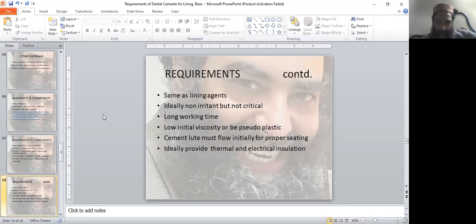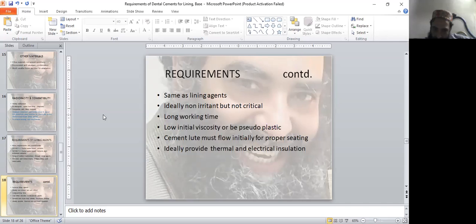Ideally, they should be non-irritant, but it's not critical because we are using zinc phosphate cement also, which is considered as irritant. We are using zinc oxide eugenol. It is also an irritant, but they say that it is less irritant. Long working time, sorry, long. It's always our requirement that we have a long working time and short setting time.